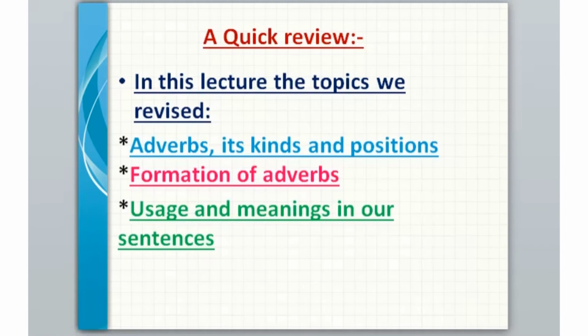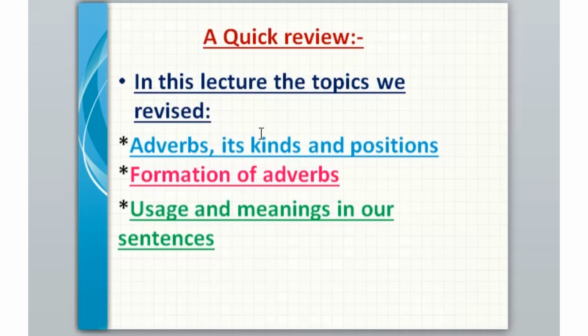So students, now we will do a quick review. What did we study in this lecture? We studied the following topics. First we started with adverbs, their meaning, definition, and also their kinds.